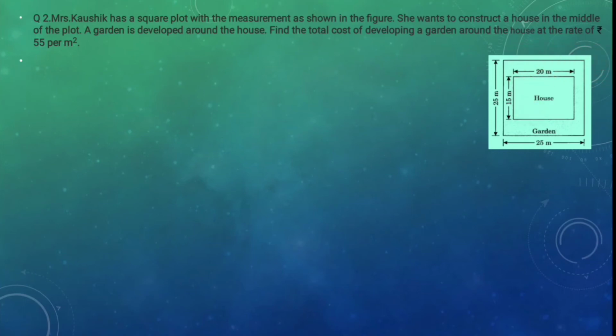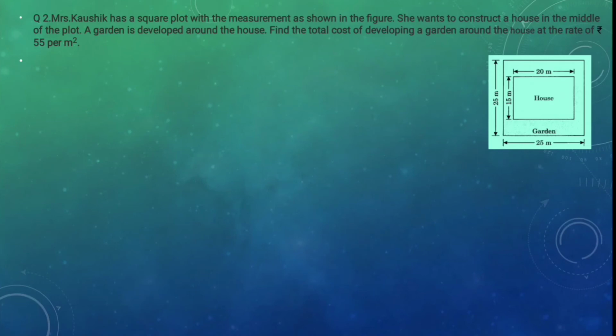So this house is in the shape of a rectangle and the plot is in the shape of a square, right? And outside this house she has developed a garden, and now we have to find the cost of developing the garden at the rate of rupees 55 per meter square, right?